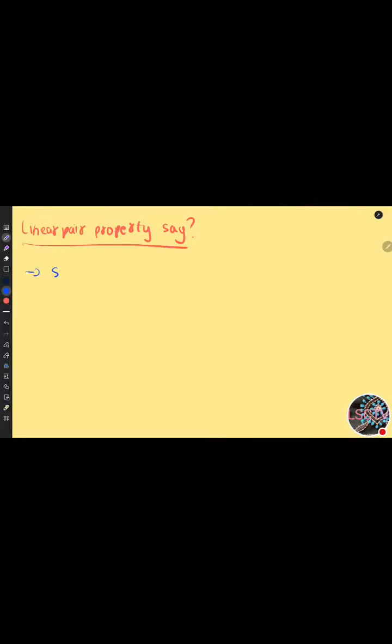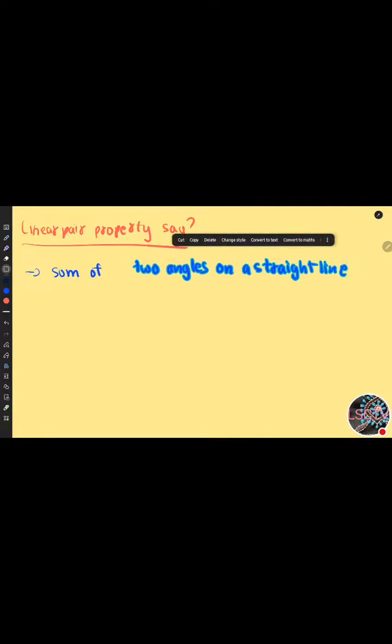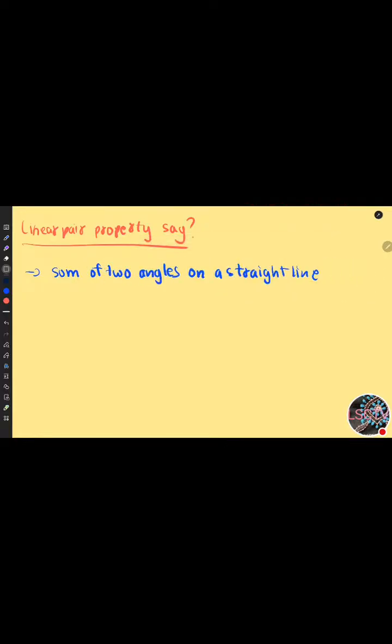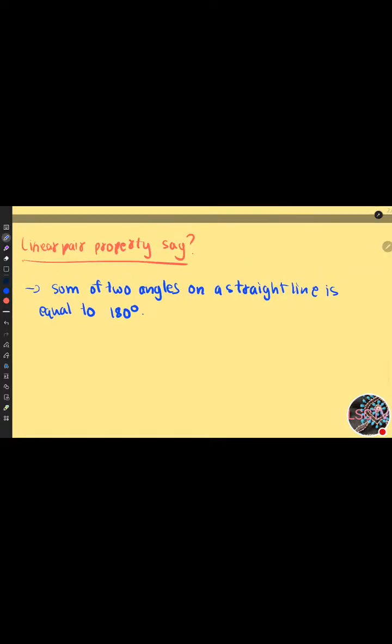The linear pair property says that the sum of any two angles on a straight line is equal to 180 degrees.